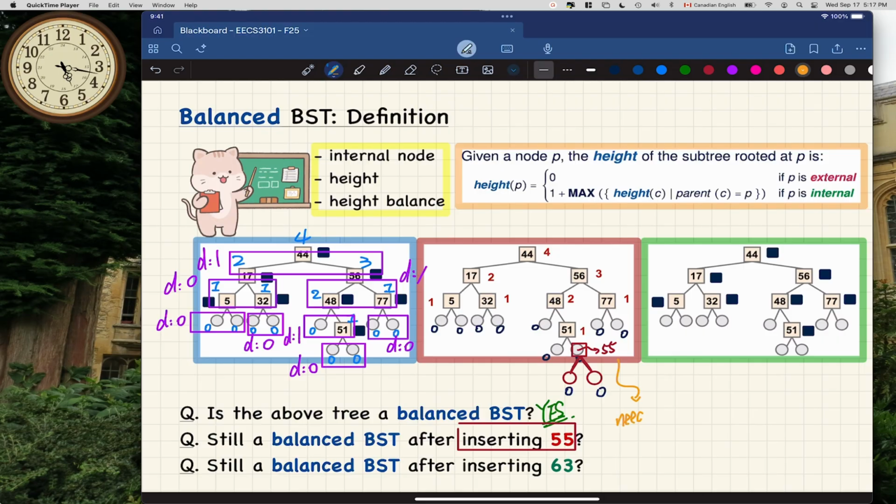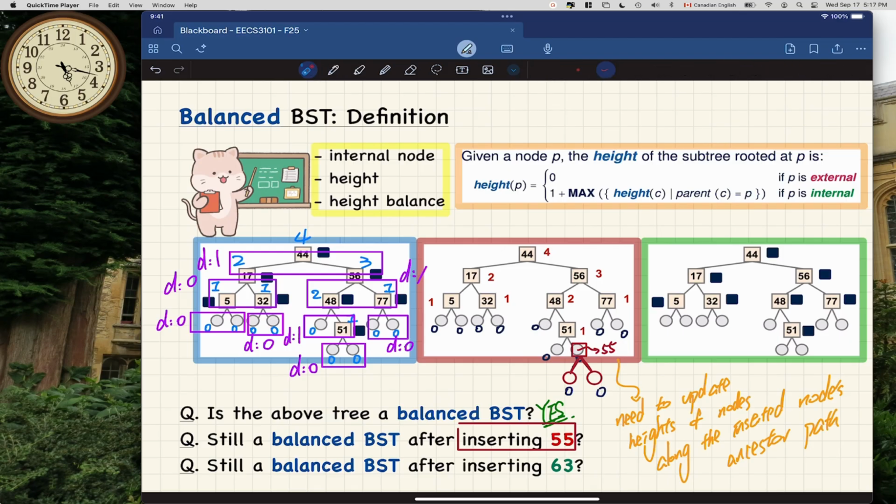We need to update the heights of the nodes along the inserted node's ancestor path. And we know the ancestor path is actually along this way, right? Along here.